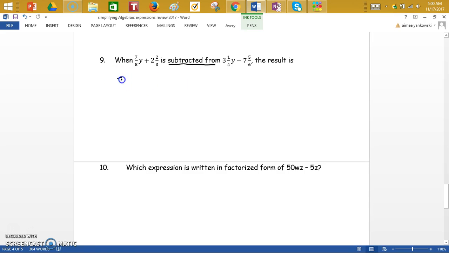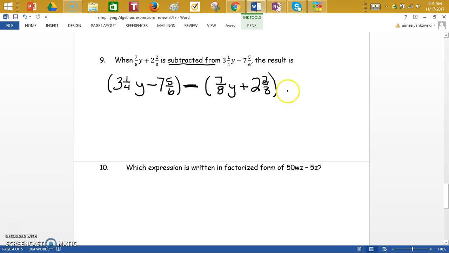So here, this would really be 3 1/4 y minus 7 5/6. Now I'm going to subtract this from that. So then I'm going to take that expression and I'm going to subtract off 7/8 y plus 2 2/3.